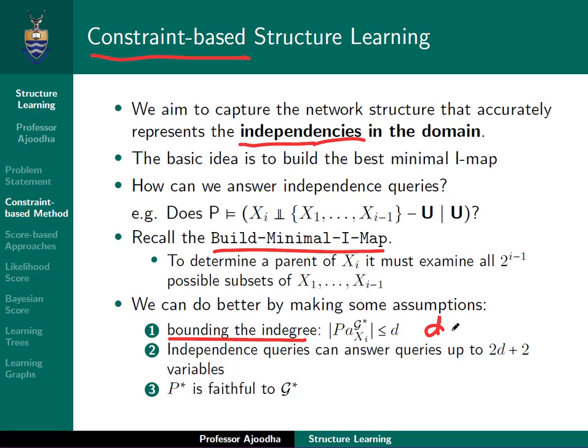You can pick d to be 4 or 7, and this will stop a variable from having an in-degree greater than that. There are also other ways of constraining the number of variables you condition on. The other assumption is that the structure you build is faithful to the true distribution, which means that it accurately represents the true distribution P star.